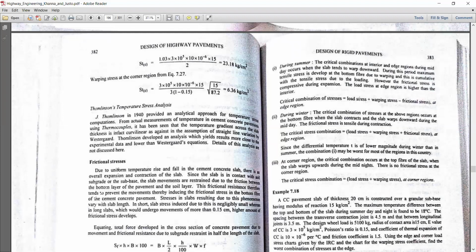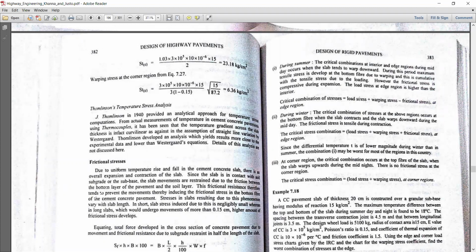What does it indicate? Load stress is applied through the vehicle or whatever type of load is applied on the concrete slab, plus warping stress, because of summer season and more temperature, the concrete slab tends to warp downward. So there is an increase in warping stress. So I take load stress plus warping stress minus frictional stress. Why am I going to subtract frictional stress here?